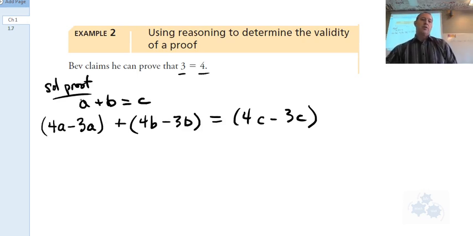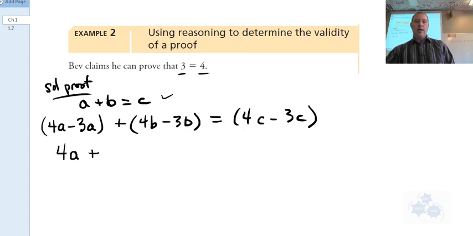Okay? So far this is true. If we start off with this basic premise, this is true because we've just taken 4 A's and we've subtracted 3 A's, and that does equal 1 A, and so on. Okay? So what he's done here now is he's gathered some like terms. He's put all of the terms with a coefficient of 4 on the same side.